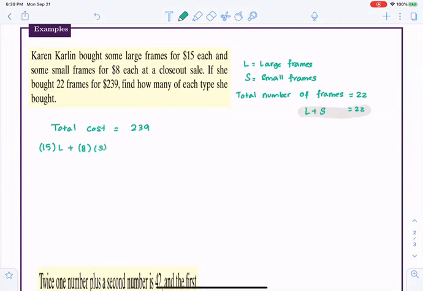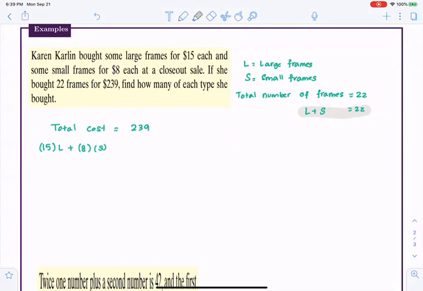Sorry, I take that back. Unknown quantity of large ones multiplied by 15, which is simply the price per frame. So if she bought one frame, it is going to cost her $15 for a large frame. If she bought 2 frames, then it would cost her $30. If she got 3 frames, it would cost her $45. 10 frames, it would cost her $150.